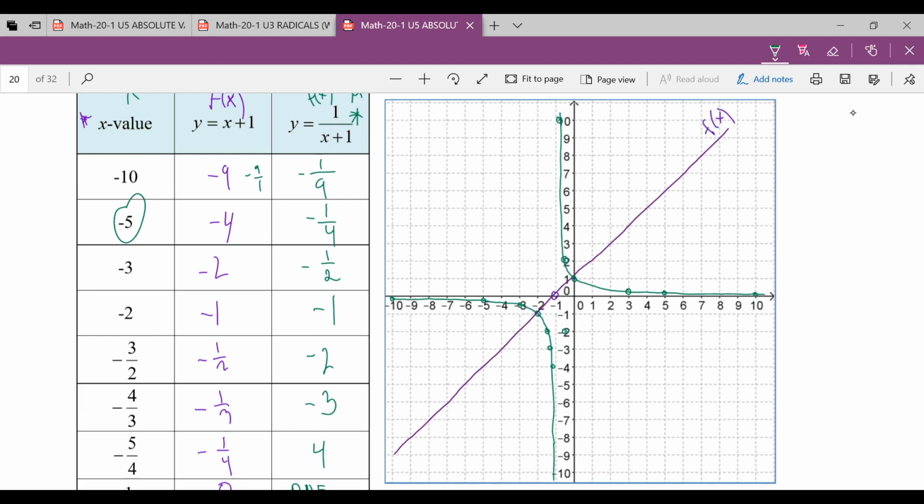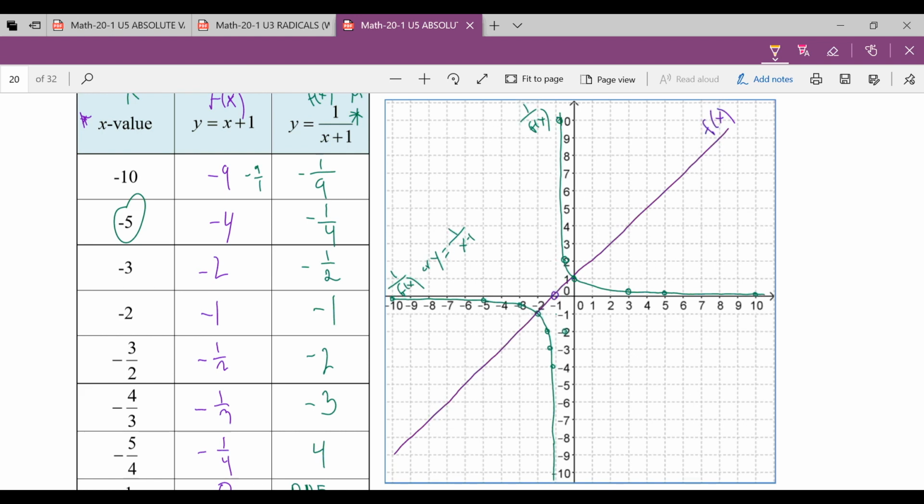This is 1 over f of x, and so is this. And to be more specific, this is y equals 1 over x minus 1. Well, I want you to notice a couple things. I want you to notice that as x approaches -1, the y value is again really, really big here. But no matter what the x value is, the y value will get bigger and bigger and bigger, okay?